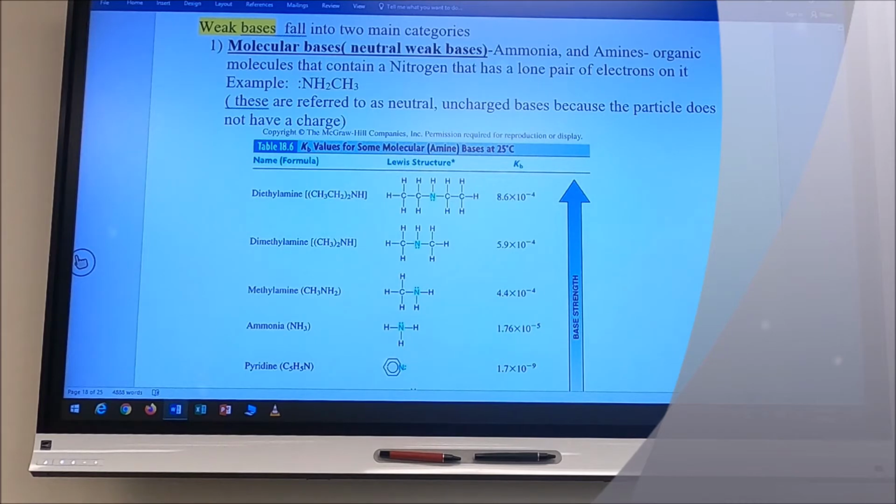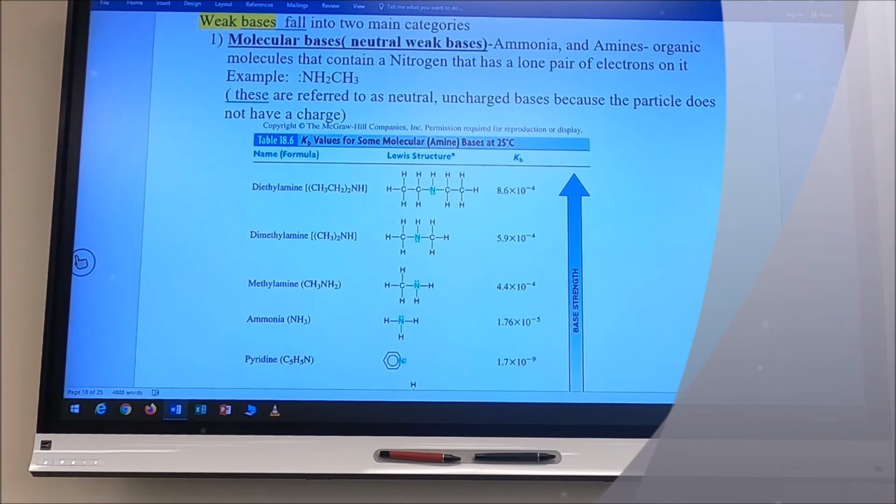Weak bases then fall into 2 main categories, what we call molecular bases or neutral weak bases. Neutral meaning they have no charge. Ammonia and the amines are the molecular bases. They contain a nitrogen that has a lone pair of electrons on it. Example, NH2CH3. But here's a list of neutral or molecular weak bases.